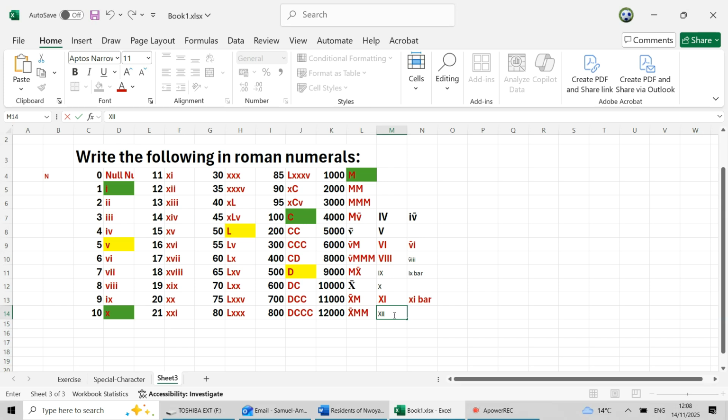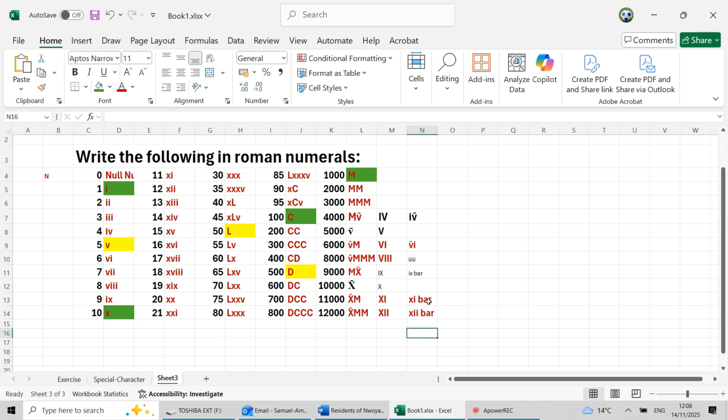So 1,000 plus 1,000 is 2,000 plus 10,000. That is 12,000. Or another way of writing it is small x double small i bar, which means the same thing.